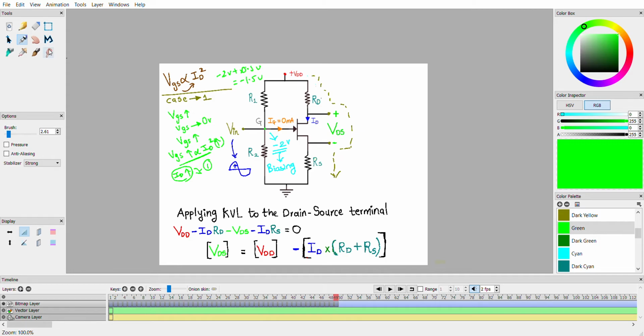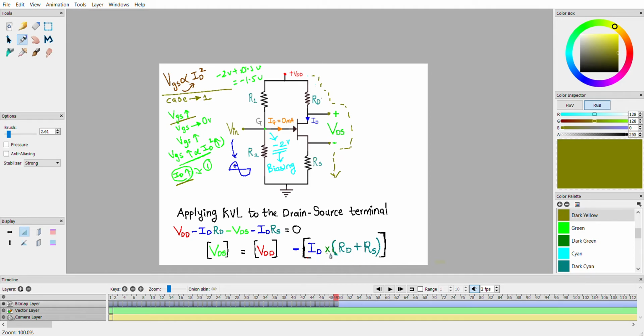What we had analyzed in this case 1 was, when VGS increases, ID also increases.